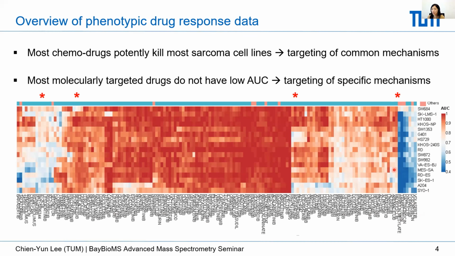You can pay attention to the right cluster, which is mainly the chemo drugs and the CDK inhibitors because they target common mechanisms of the cells. But we also find some clusters like this one and also this one that only work on certain cell lines because they are very specific molecularly targeted drugs, and they only target a specific mechanism when the cells have this mechanism existing.